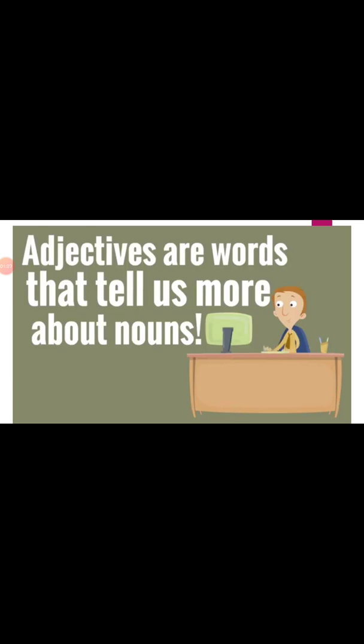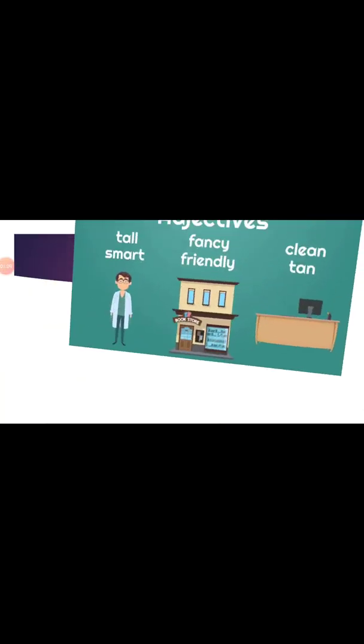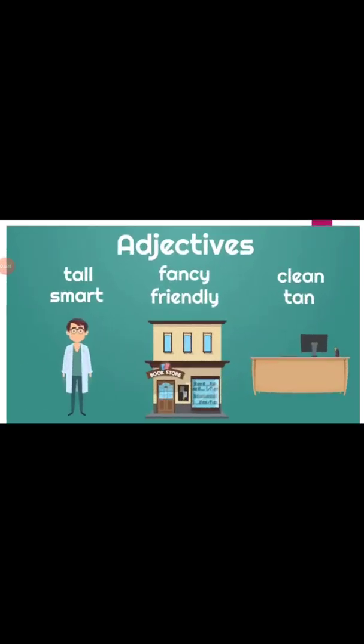So let's look at some adjectives for the nouns that we have shared: the doctor, the bookstore, and the desk. Here I have used two adjectives to describe the doctor. He is tall and smart. Tall and smart are describing the noun doctor.